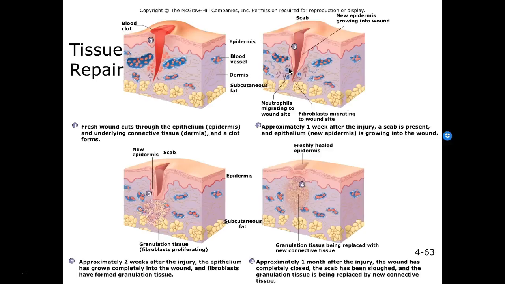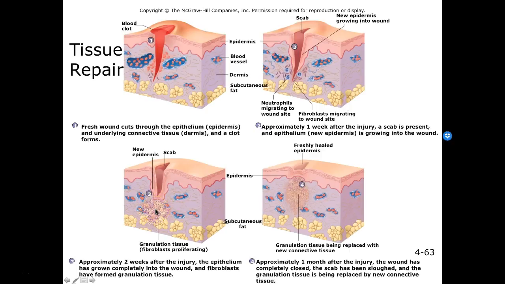So fibroblasts, once again, are working to produce collagen. Our capillaries, which isn't pictured too wonderfully here, are going to grow into that area to make sure that this area is very well vascularized. And then our fibrin is going to start to break down and be removed. At this point, we have granulation tissue.